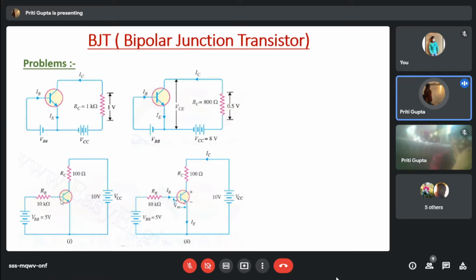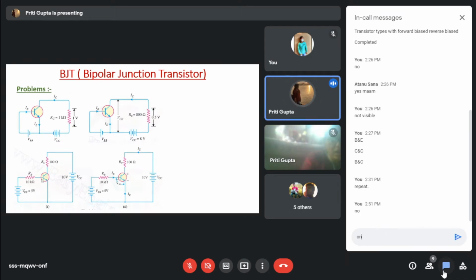Is this done? Yes, ma'am. Okay. So what we need to calculate? VCB, right?